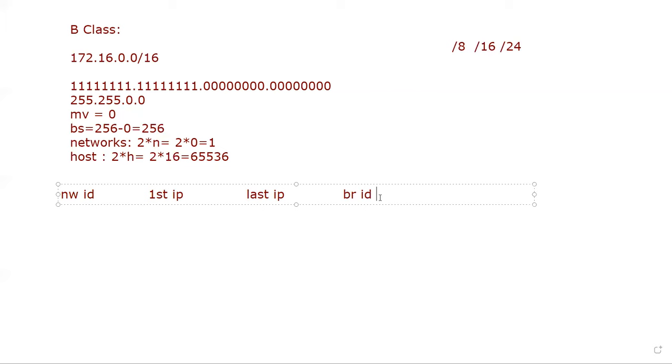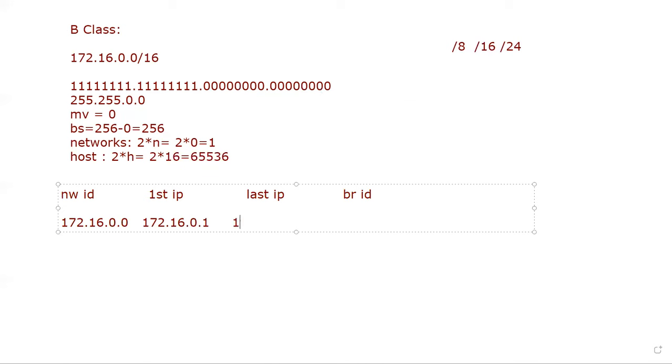So let's check. Network ID is 172.16.0.0. First IP is 172.16.0.1. Now these are the fixed things, but these are the variable.